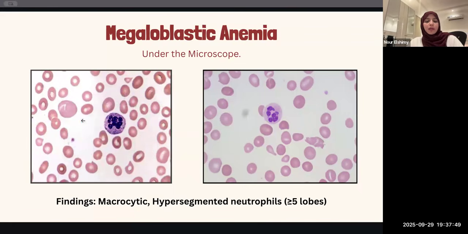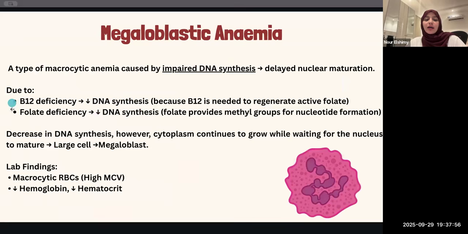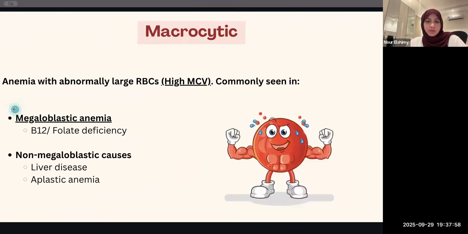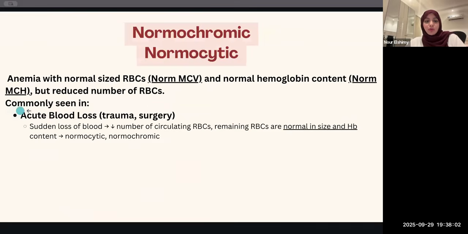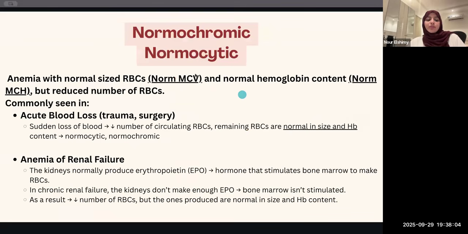Okay, normocytic, normochromic. When we say normocytic, that means it's normal in size and it has normal hemoglobin content, okay? But the issue is with the red blood cell production. It's very low, all right? Now, it could be due to blood loss. When you lose blood, you lose red blood cells. So you have less overall hemoglobin in blood to transport oxygen, okay?